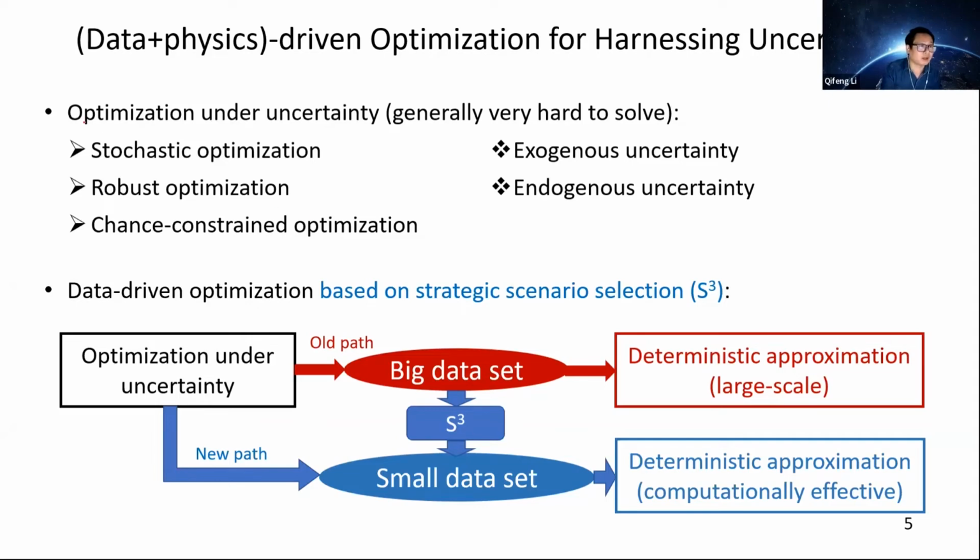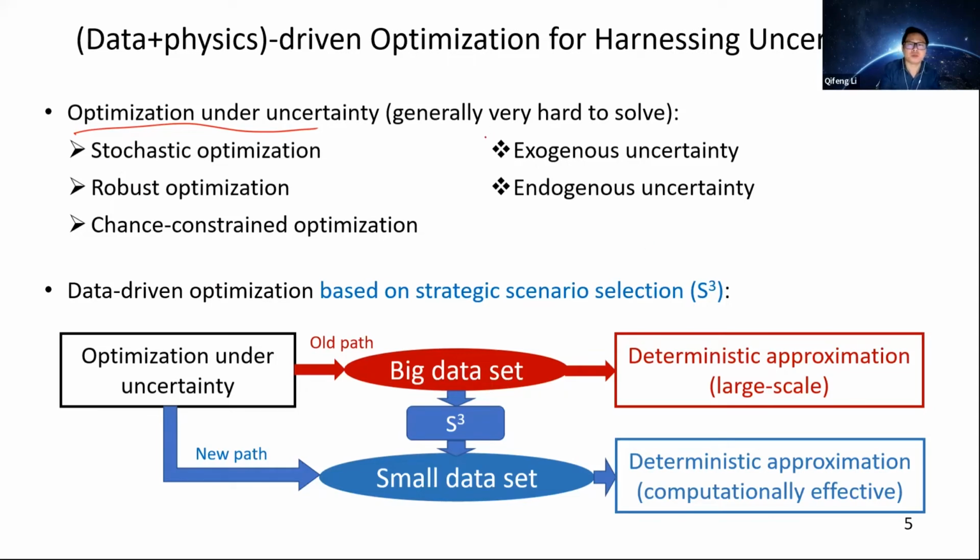For optimization under uncertainty in different environments, people call it stochastic optimization, robust optimization, and chance constrained optimization. Hopefully, these terminologies will not be so unfamiliar to you.